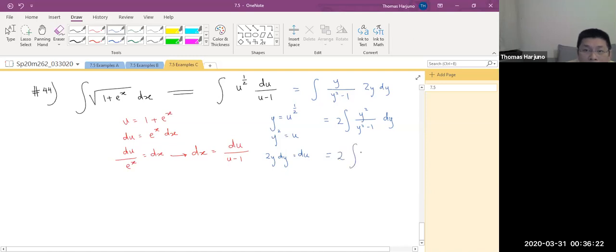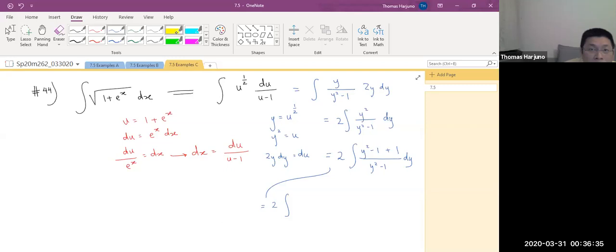From here, honestly, it's actually quite easy. So this is 2 times the integral of y squared minus 1 plus 1 over y squared minus 1 dy. The reason I did that is because this is actually an improper fraction. These have the same degree, so we're supposed to divide.